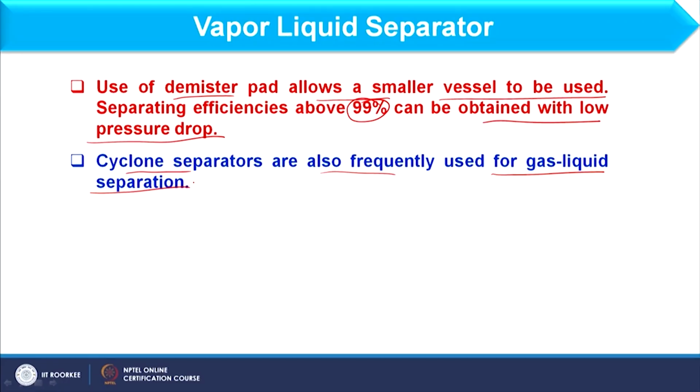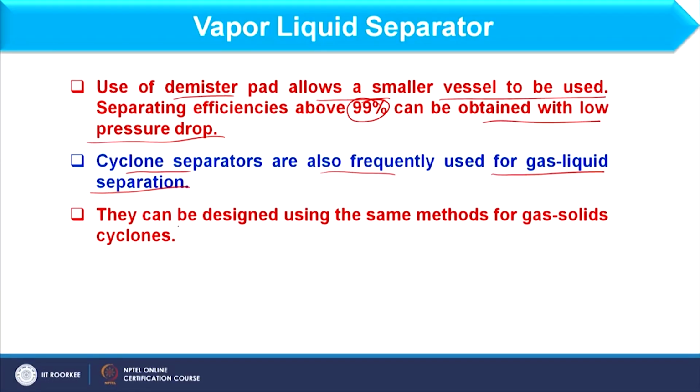That somehow happens also in a vapor liquid separator, because the feed enters the vapor liquid separator tangentially. So, some of the separation occurs through this section. However, if the vapor contains liquid droplets, those can be trapped by demister pads. So, we can also consider a cyclone separator as well as a vapor liquid separator with demister pads.